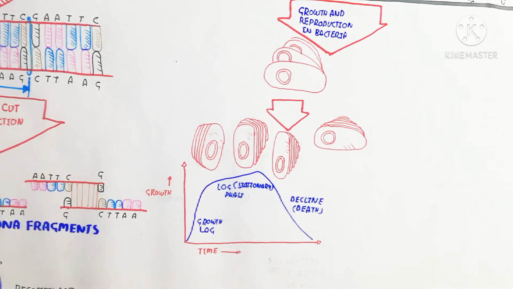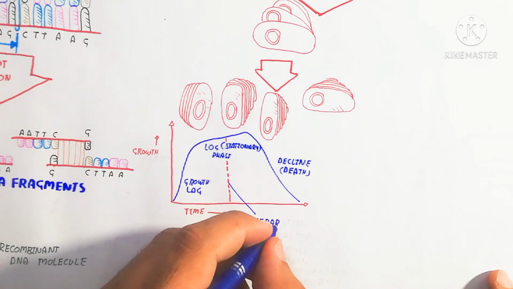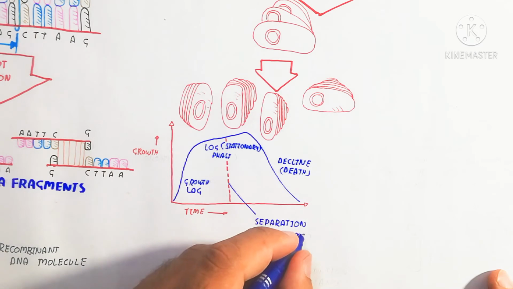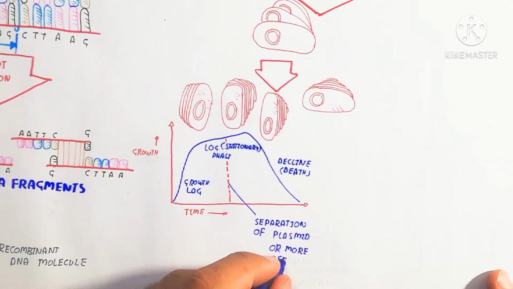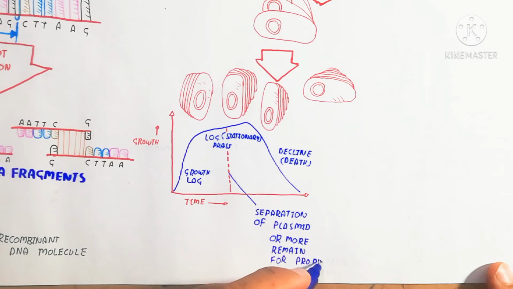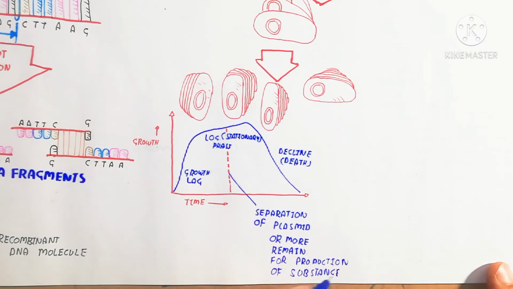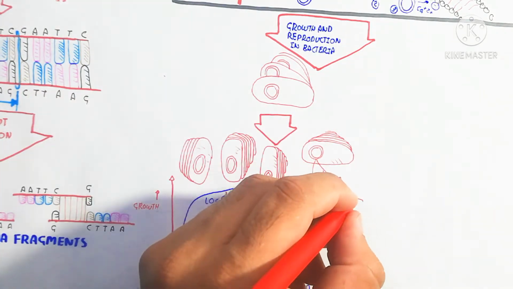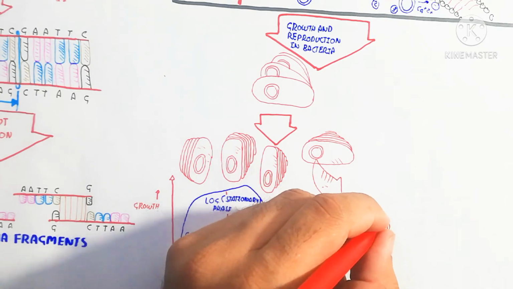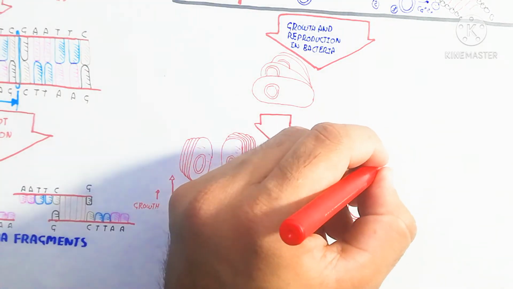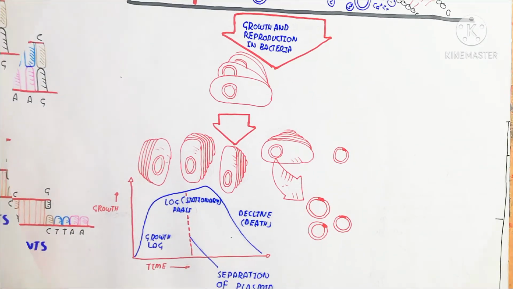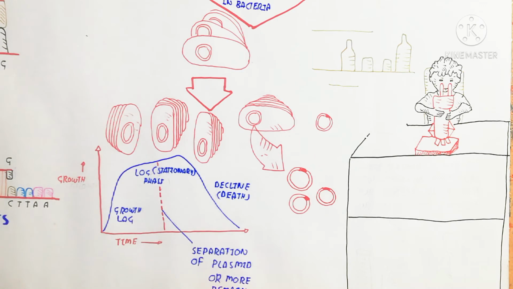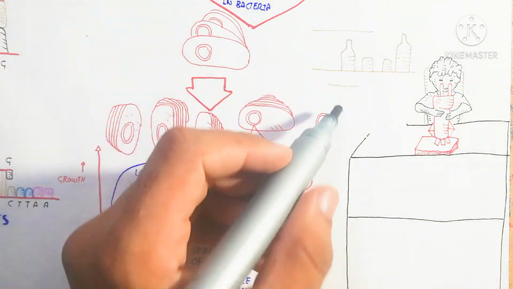Normally, bacteria have growth phases: the log phase, the stationary phase, where death and reproduction rates are equal, and then the rapid decline or death phase, because of nutrient deficiency. However, if we provide more nutrients to maintain the stationary phase, more plasmid remains available for the production of substance.